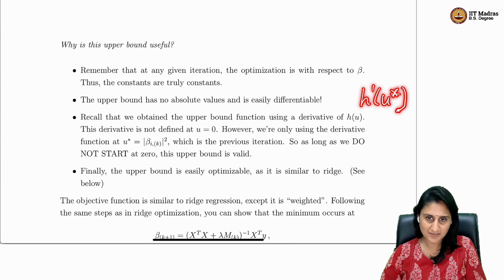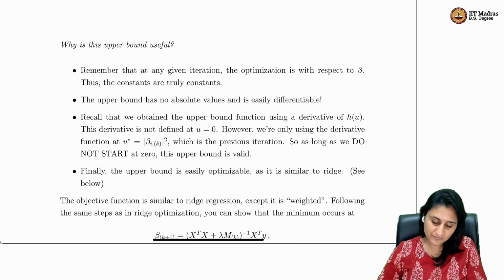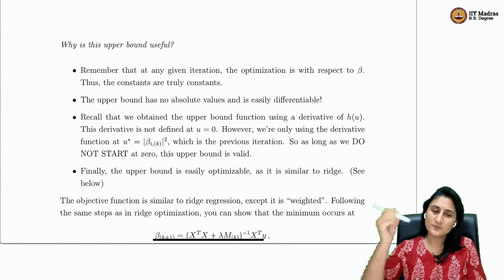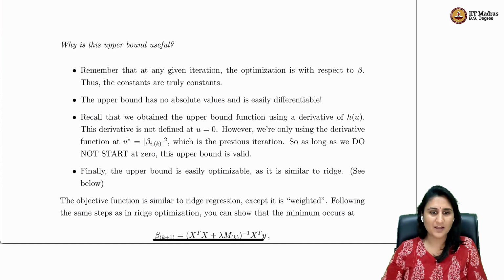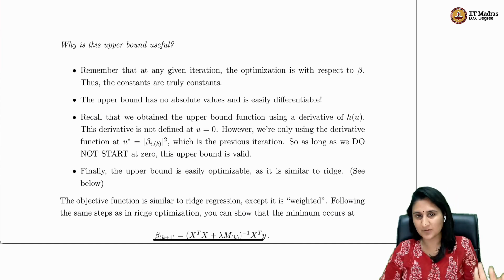So as long as, because we're using the derivative function at u star equals beta I k square, which is the previous iteration, so as long as we do not start at 0, this upper bound is valid. If we start at 0, then beta I0 will be 0, and then I won't actually be able to go ahead and do what I just did.